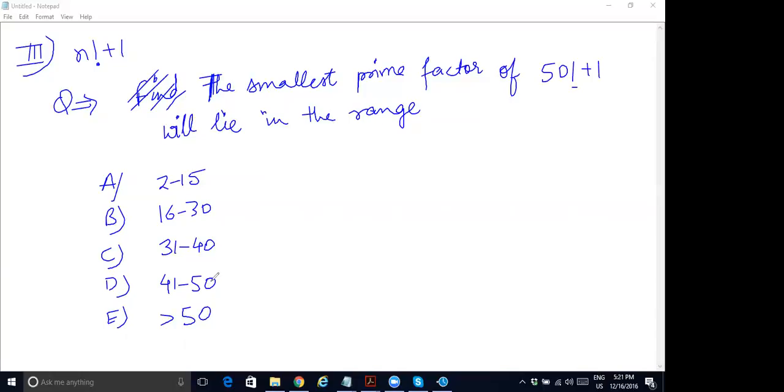How will you do this? Prime factor means factor which is a prime number in itself.